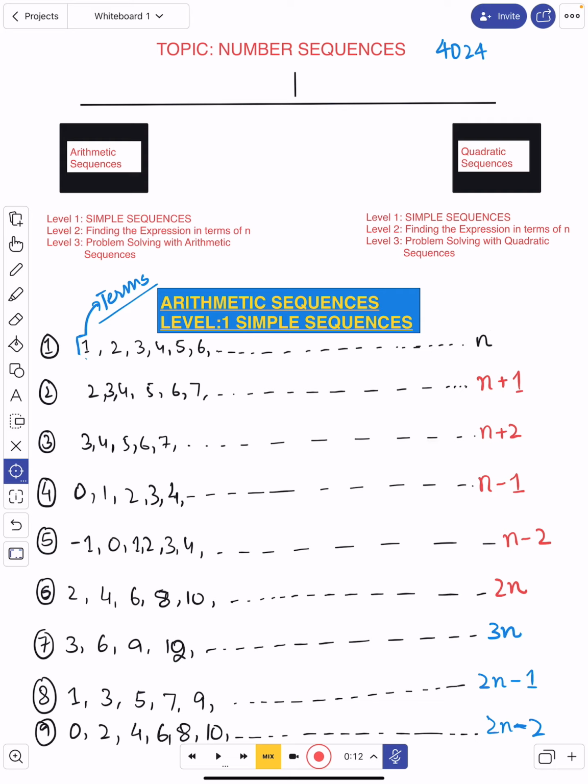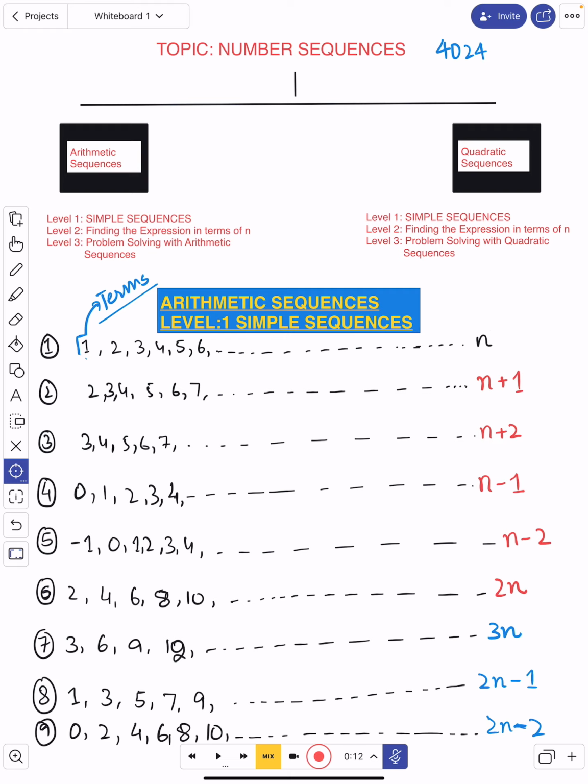And now look at this, 0 1 2 3 4, compare them. You are introducing 0 with this natural number sequence. So this will be affected in a manner that you write n minus 1 as the expression of 0 1 2 3 4.